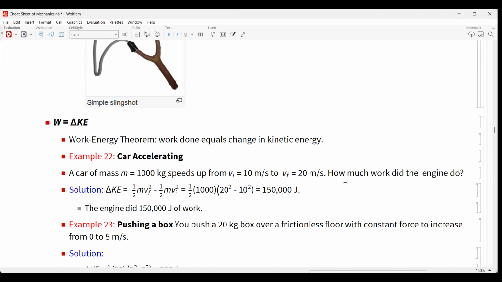How much work did the engine do? The change in kinetic energy is the final kinetic energy minus the initial kinetic energy. So that is 1/2 times 1,000 times (20 squared minus 10 squared), equal to 150,000 joules. So the engine did 150,000 joules of work.